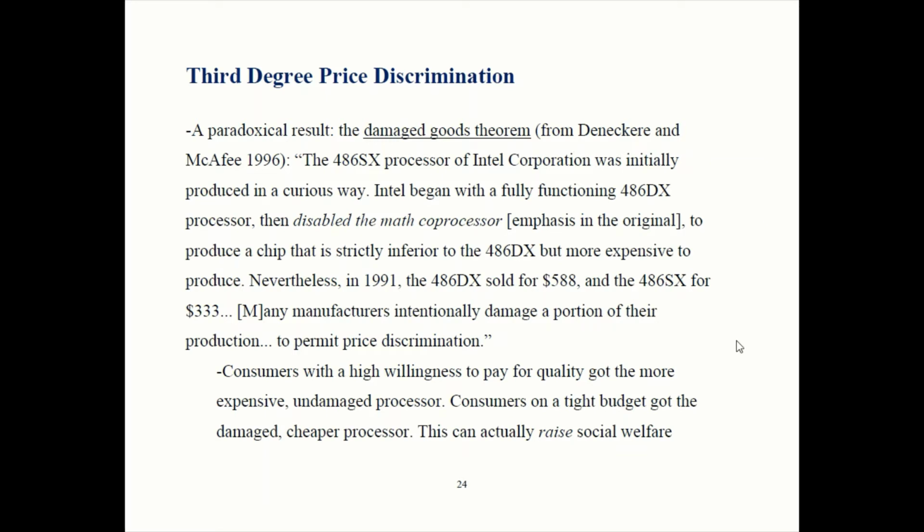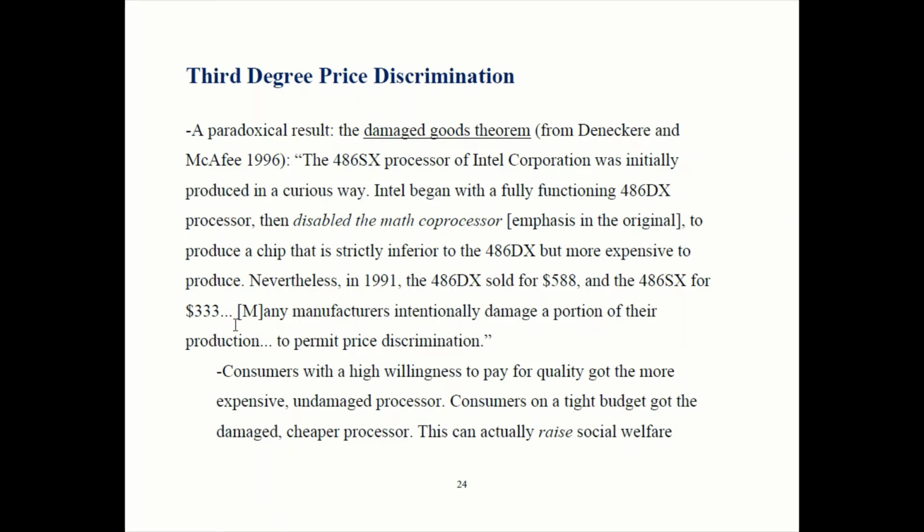Effect on consumer surplus is, like before, unclear. Because now we're charging two different prices, the people who are paying the high price for the high quality good are now worse off because the price is higher than it would have been if there had been just one price.